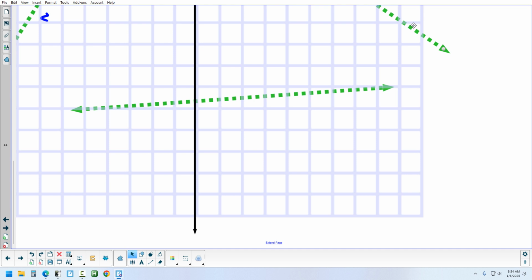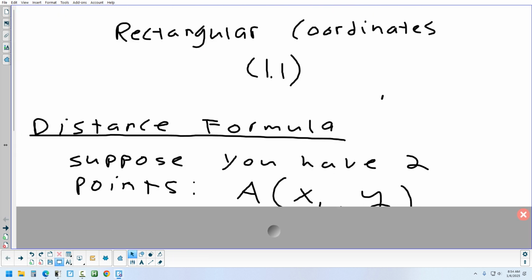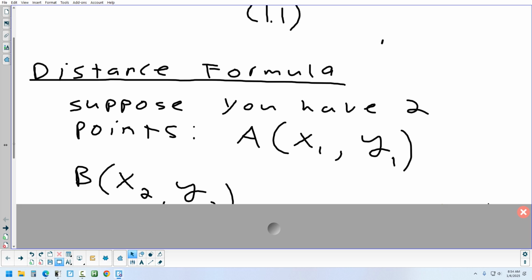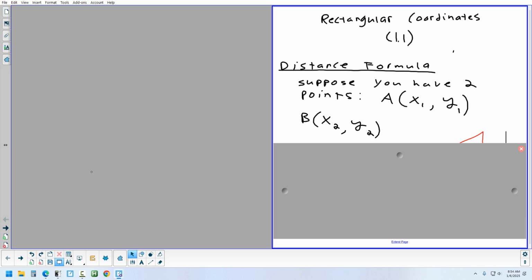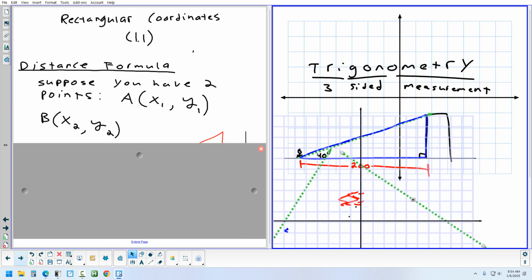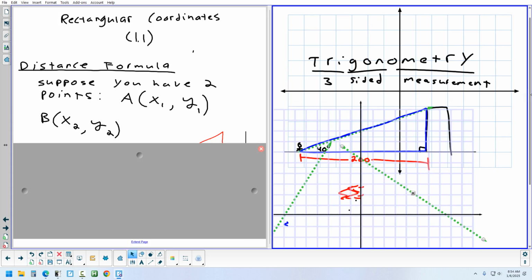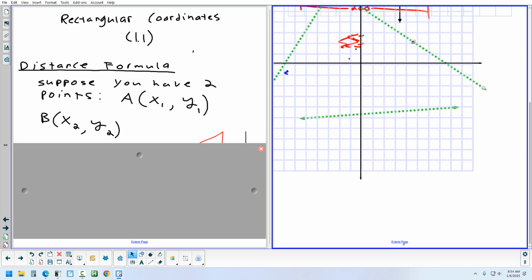Forget it's a word problem about smoke and a fire and all that stuff. The first thing that we need in order to find the distance between those 2 points is the coordinates. That's pretty easy to get. I can see looking at my picture that I've got a coordinate right there, and another coordinate, I'm just rounding it off a little bit, right there.